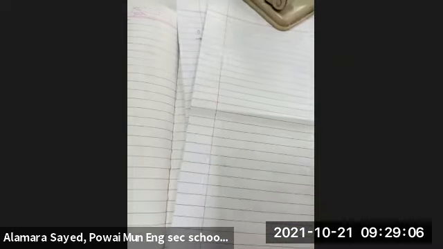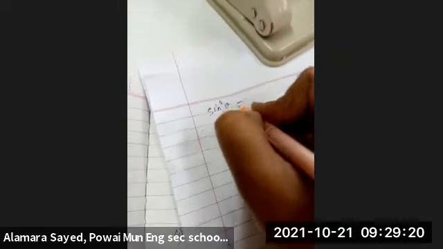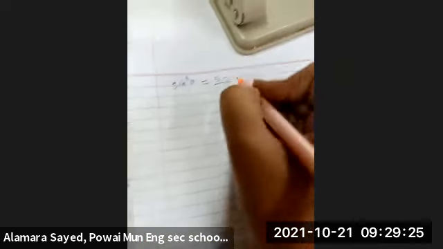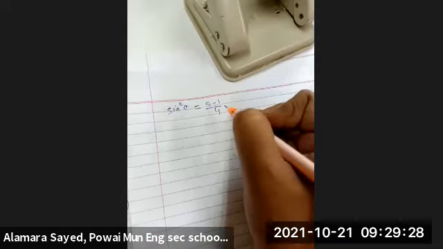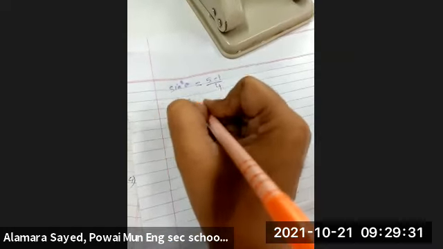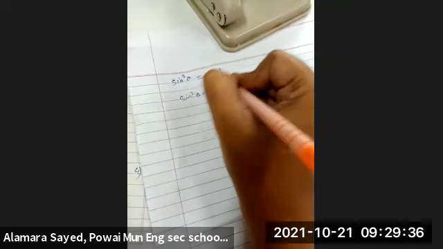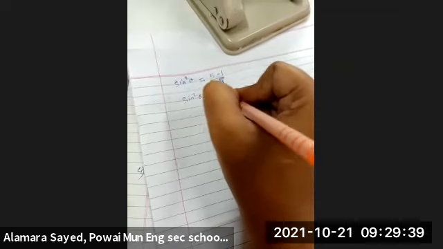So, as we have seen, sine square theta is equal to 5 minus 1 upon 5, which is equal to 4 upon 5.